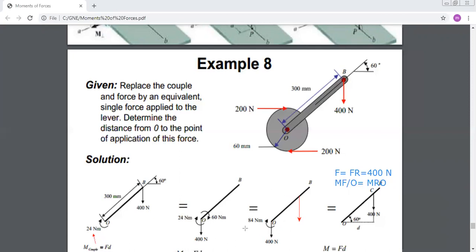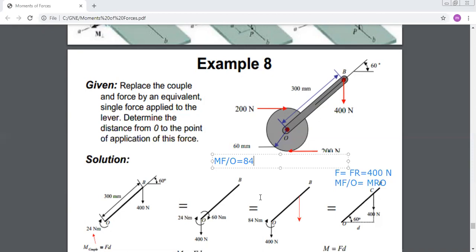I know what the couple is: 84 Newton meters. I want this force to create the same couple about O. So the condition is that the moment of F about O should be equal to 84 Newton meters.